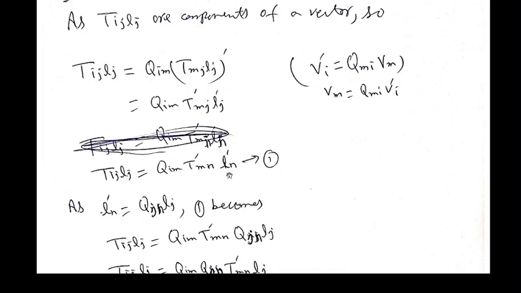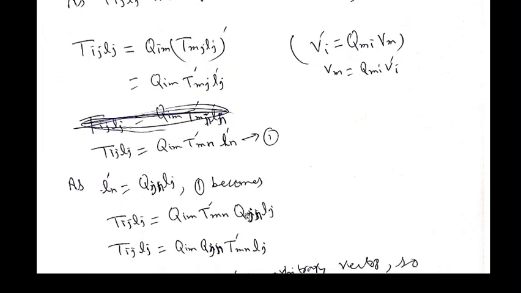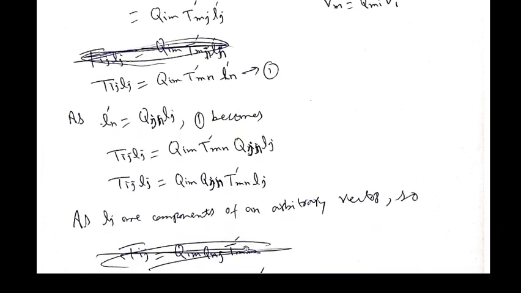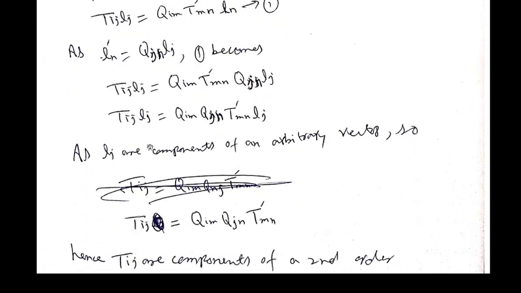Using this in the first equation, we do a little rearrangement: Q_im, Q_jn, t'_mn and l_j. As l_j are the components of an arbitrary vector, we can write t_ij equal to this.